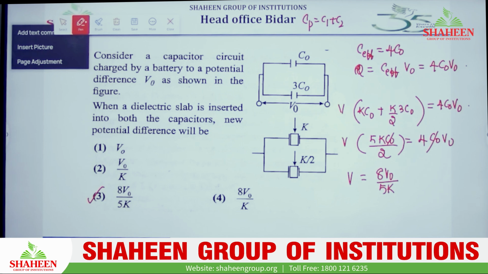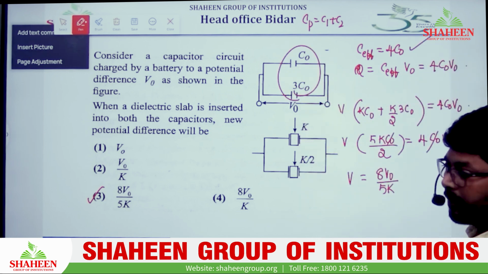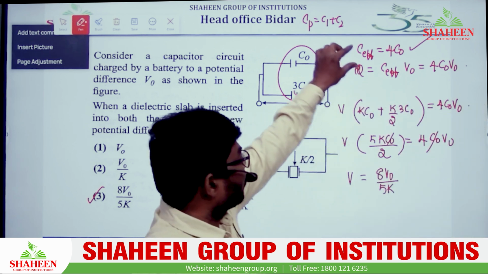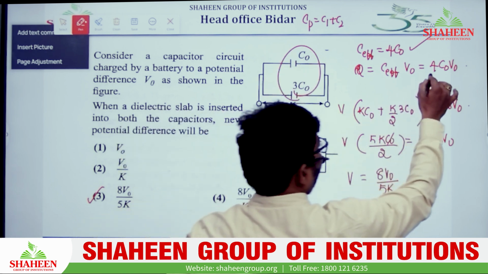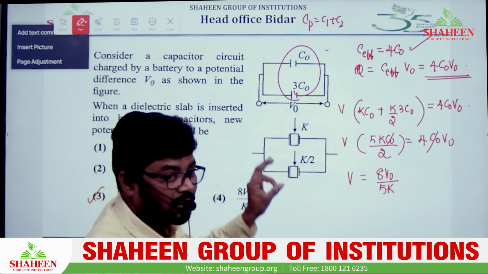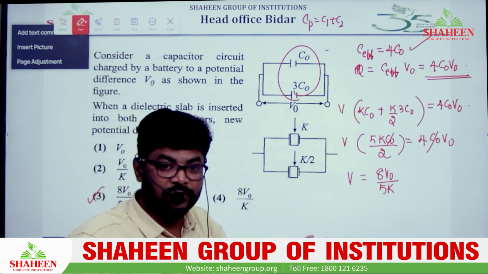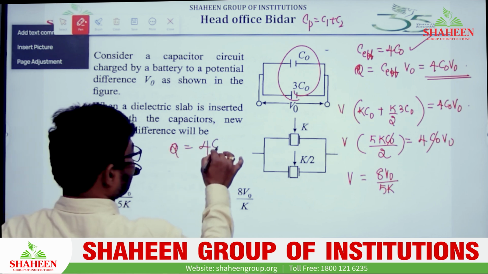Very simple. So the effective capacitance we found is 4 C naught. Then what is the total charge of the system? 4 C naught V naught. So after placing the dielectric, the charge also remains the same. Charge does not decrease. So charge Q is equal to 4 times C naught V naught.